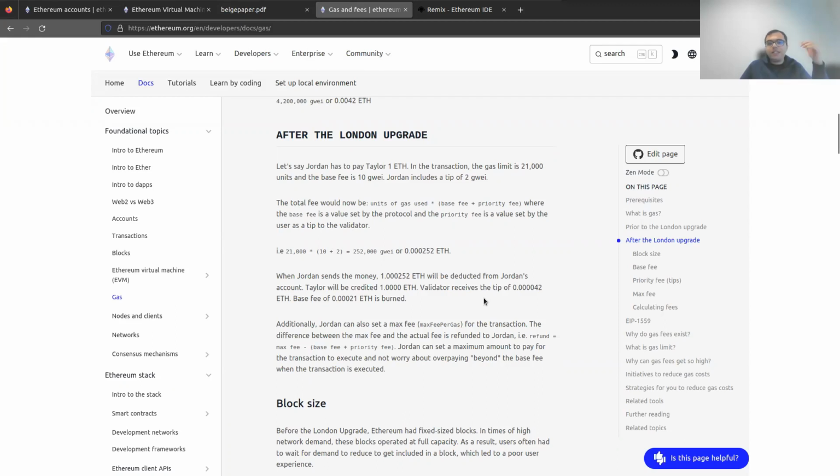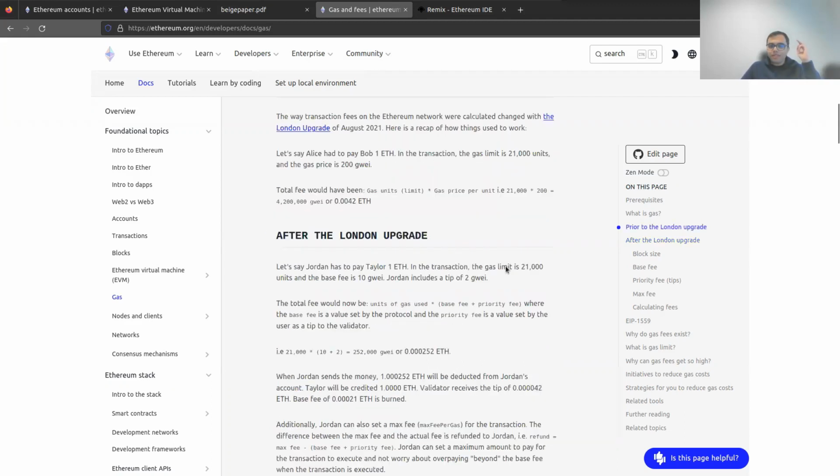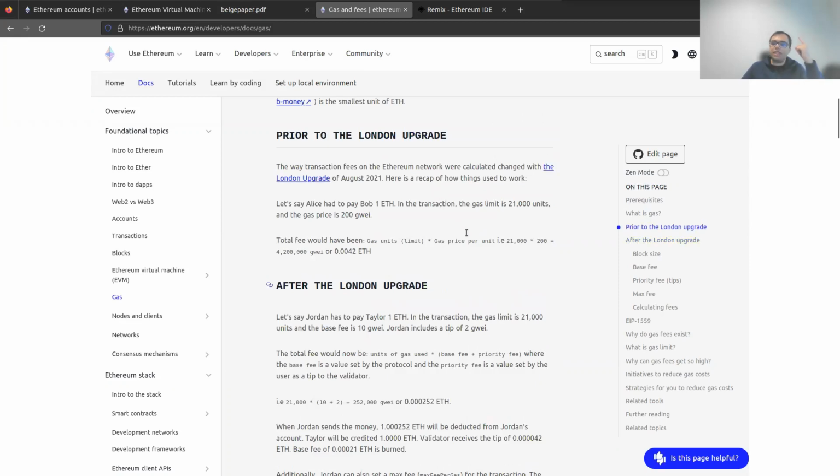But at the end of the day, what you have to know is that you, as the person who's creating the transaction, get to choose two things. You get to choose how many units of gas you're willing to pay for, and you get to say how much you're willing to pay per unit of gas. Okay? And then it will be executed and you will pay the gas amount.